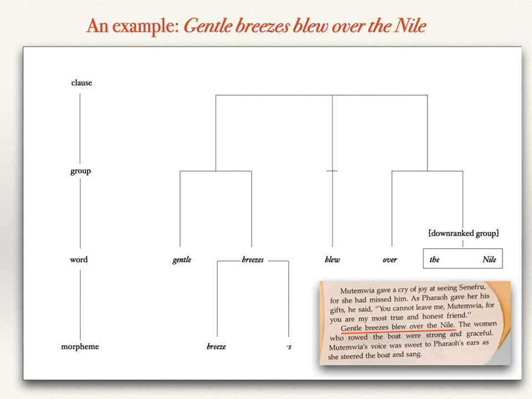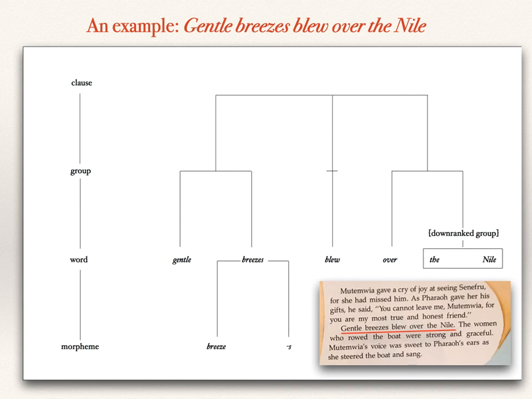Now if we then turn to words, we see that the first group consists of 2 words, gentle breezes. The second group of a single word, blew, and the third element, as I said, is a prepositional phrase consisting of the preposition over and a nominal group embedded in it.